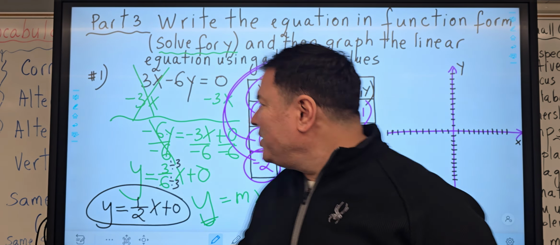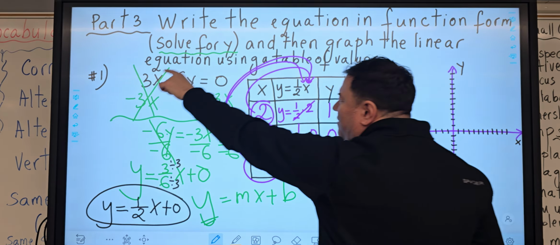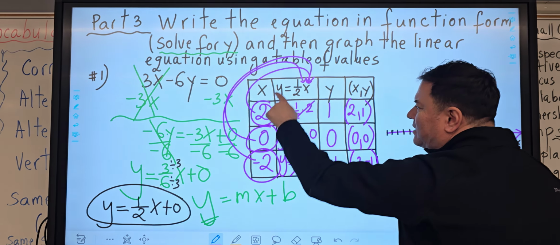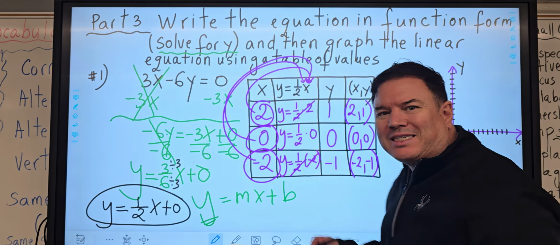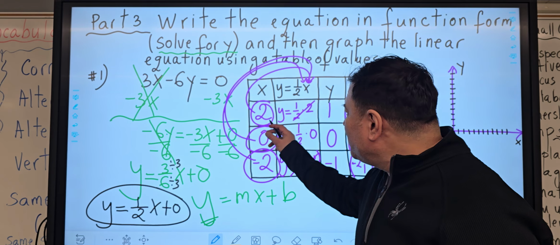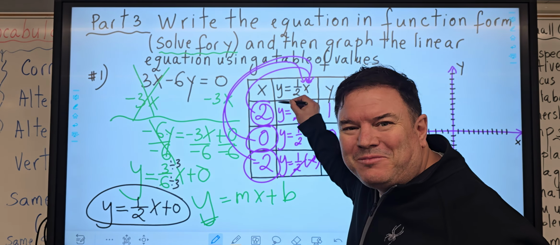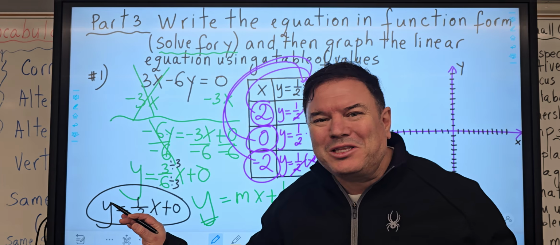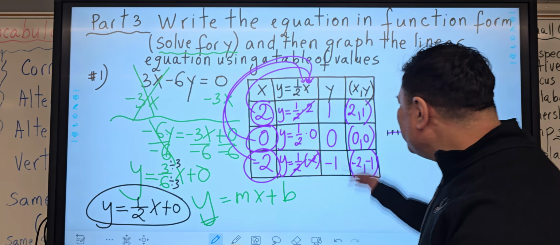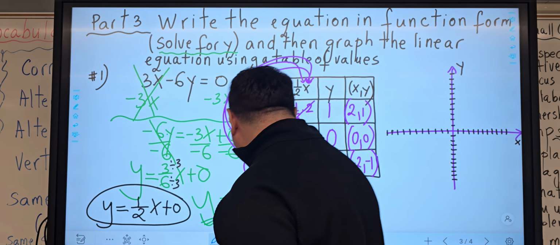Once we do that, we are going to put the simplified version of this equation into this box. Choose very carefully some values for x in order for us to cancel this fraction, so we are not going to end up with fractions, okay? So that's it. And now let's plot those points and get the line.